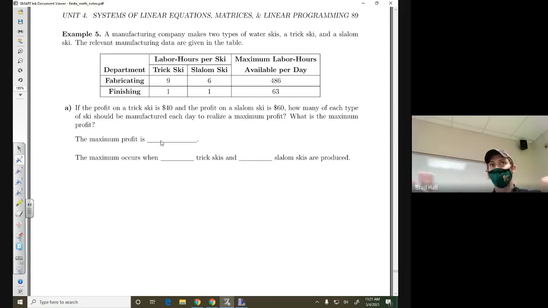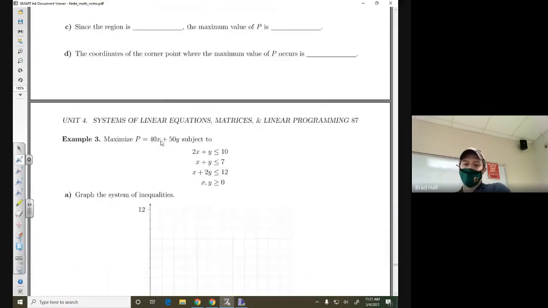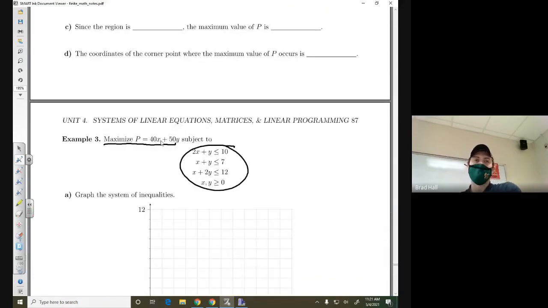You're given absolutely nothing. So this example, you might recognize the context. Yet again, there's a word in here that I can't pronounce, so I'm not going to. There's 2 types of skis, though, and they gave us a table. They very generously gave us a table. But if we look back at the previous examples, normally they give us maximize, objective function, linear inequalities.